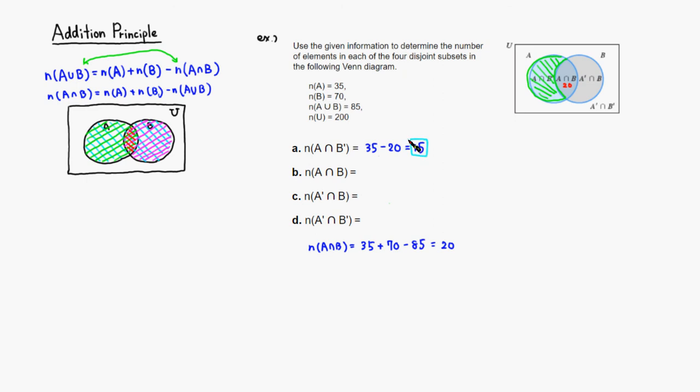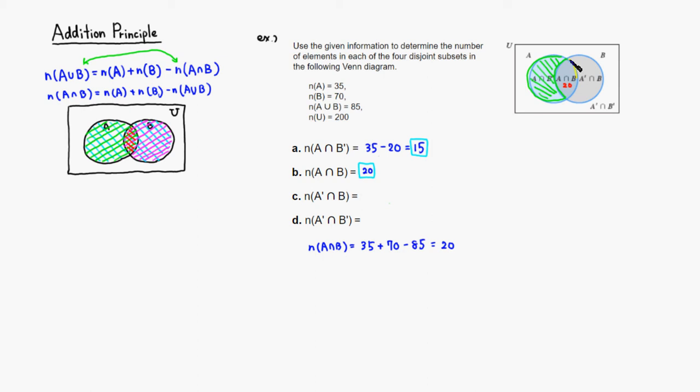Let's look at part B. Actually, part B we already answered. Part B is 20. So 20 is there. Now the number of elements in A complement intersect B, which is these guys.